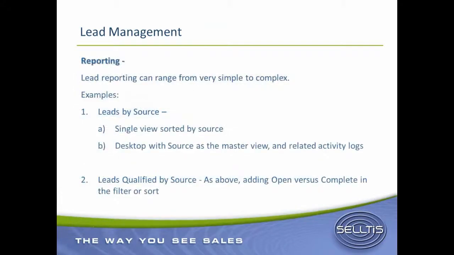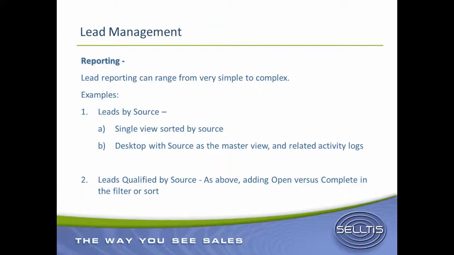All right. So lead management on a high level can be very simple or kind of complicated. And so on the simple level, it's a single view, a single list of leads that might be sorted by source.